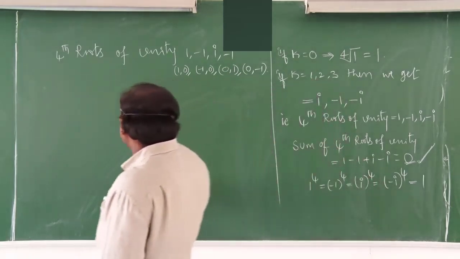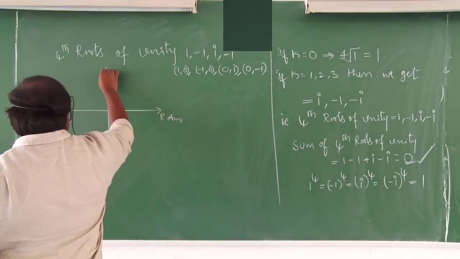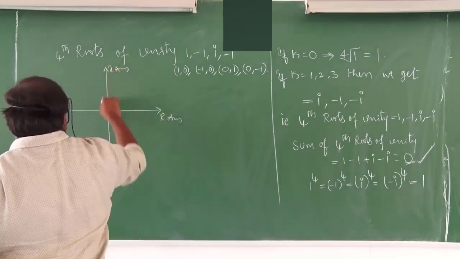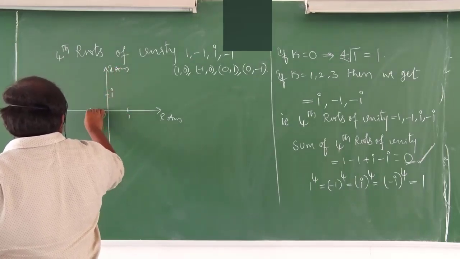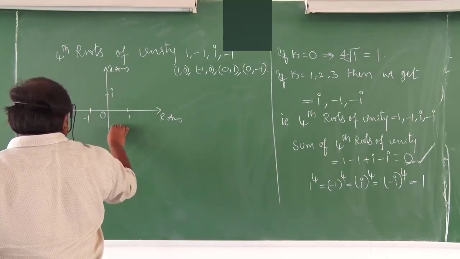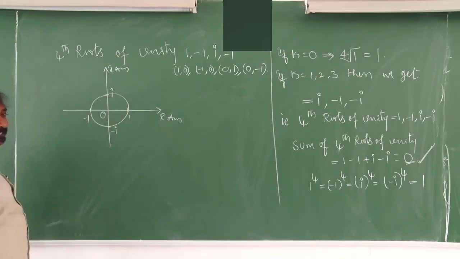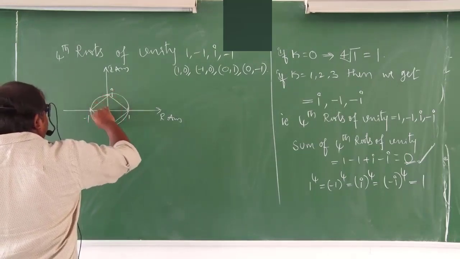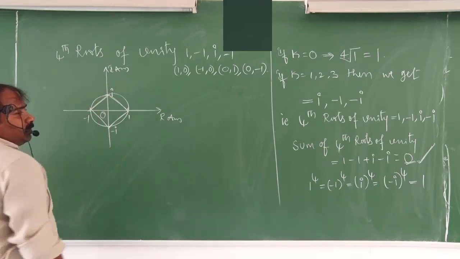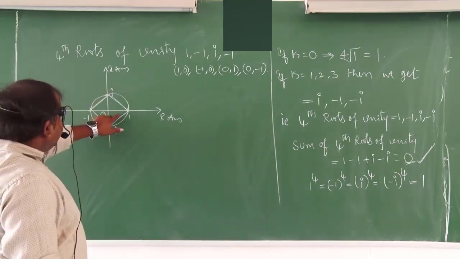So here, this is the real axis, this is the imaginary axis, and the origin. This is 1, this is iota, this is minus 1, this is minus iota. They all lie on the unit circle only. If you join these, they will form a square, and they lie on the unit circle whose radius is equal to 1.